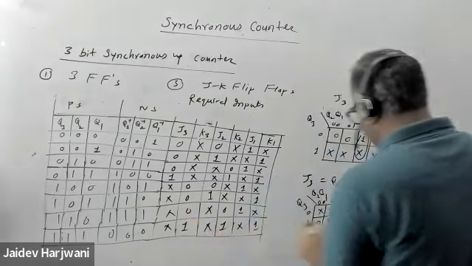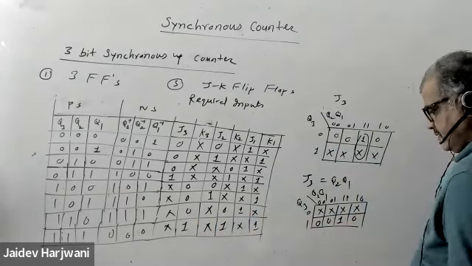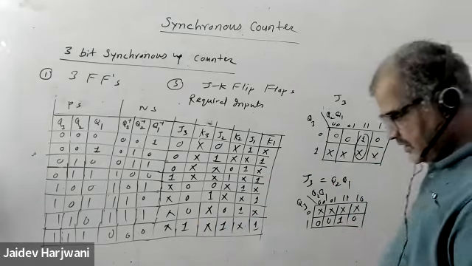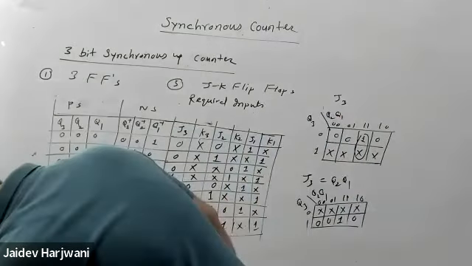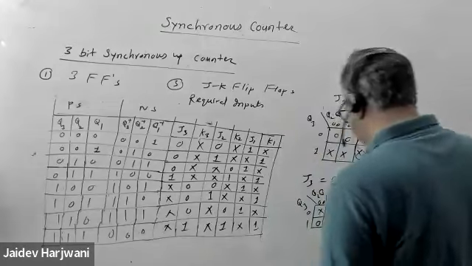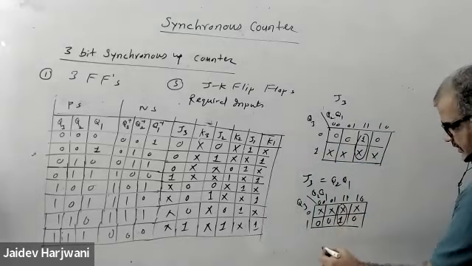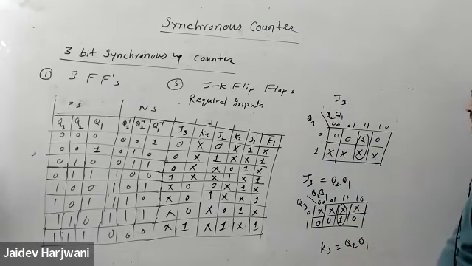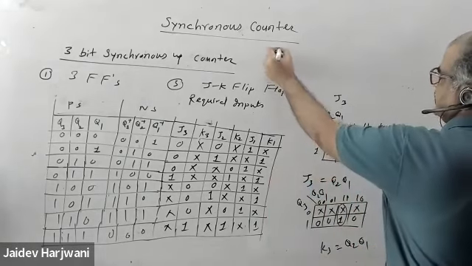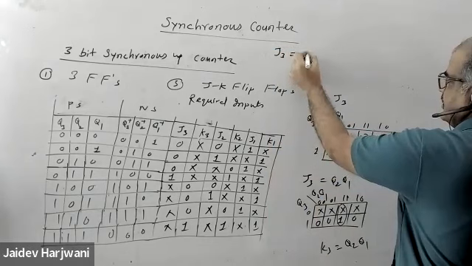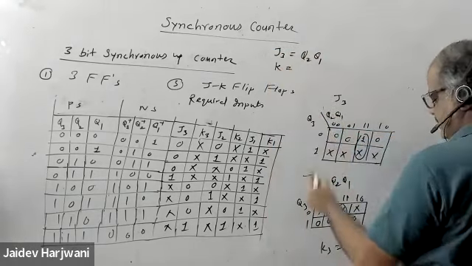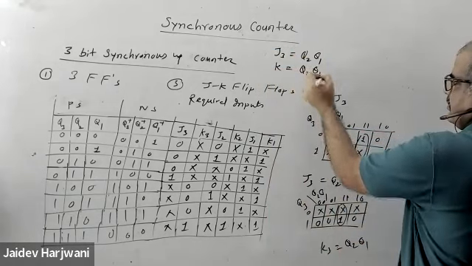Then 6 is 0, 7 is 1. Again, this is your one term. So K3 can be what? K3 is also Q2 Q1. So you got the values J3 = Q2 Q1, K3 = Q2 Q1.